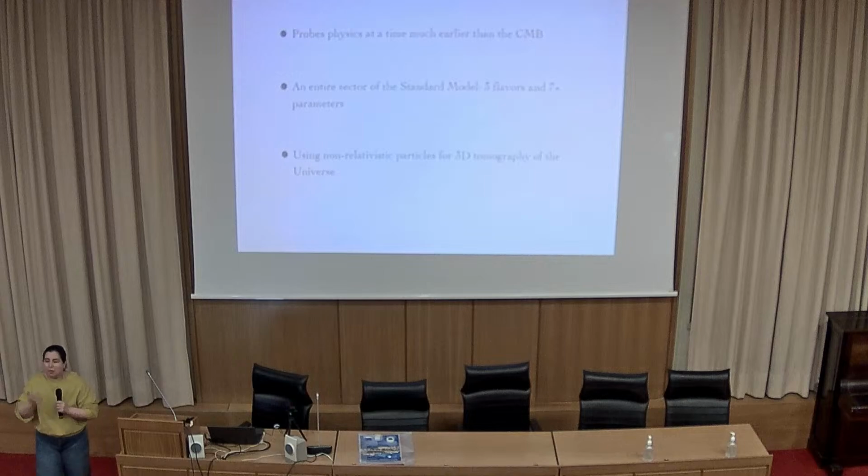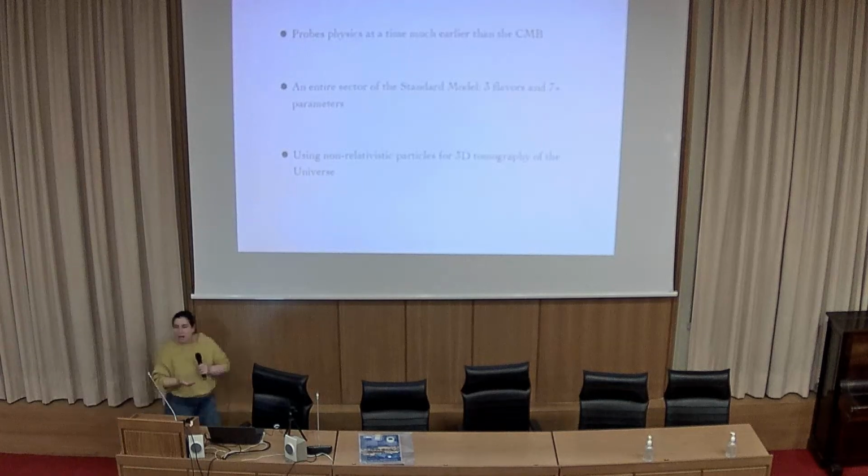So even though they were created very early, they can provide, depending on their velocity, a 3D photography of the universe. Their surface of last scattering is not really a surface, it's a volume. So if we were able to detect them in a laboratory setting, that would be an amazing feat.